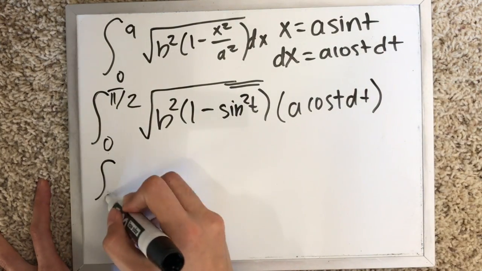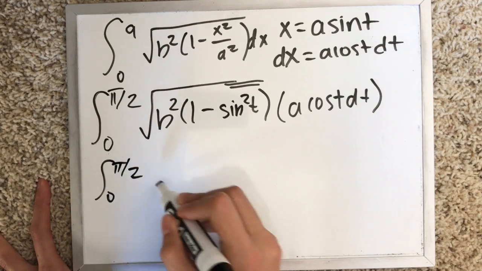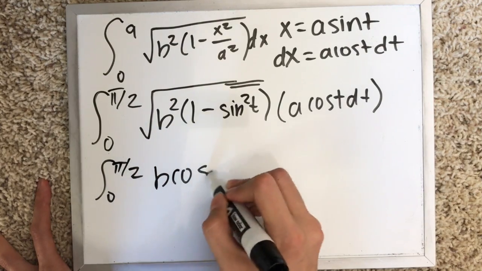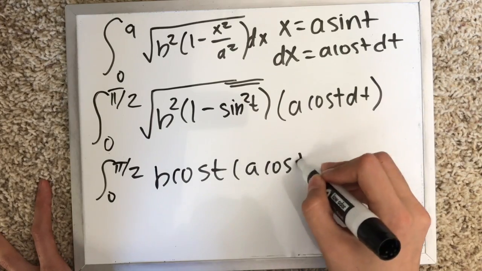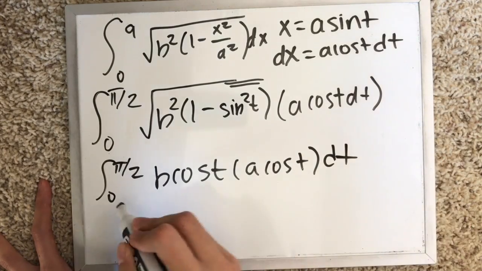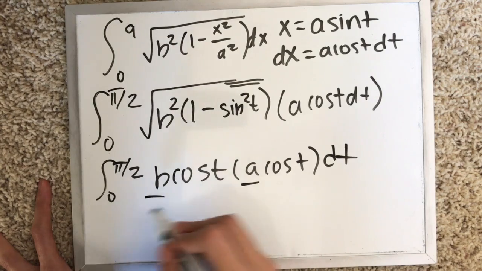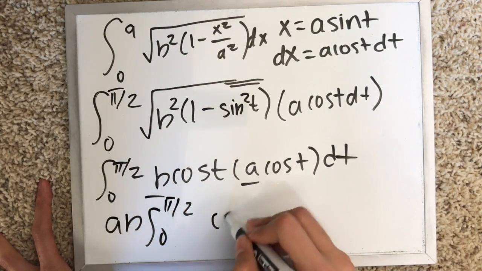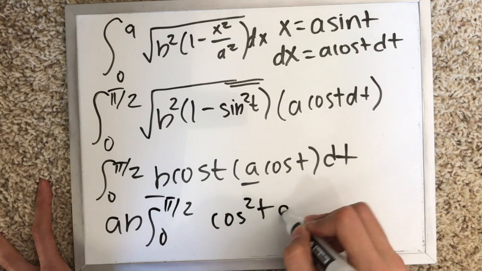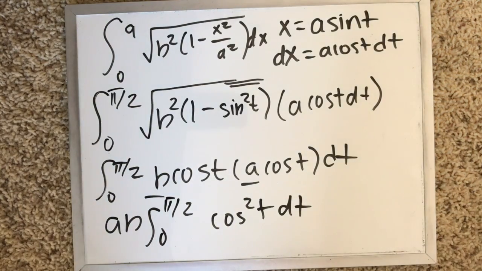So this can reduce to b cosine t times a cosine t dt, and you can move a and b out because they're constants, so ab times the integral from 0 to pi halves of cosine squared t dt.